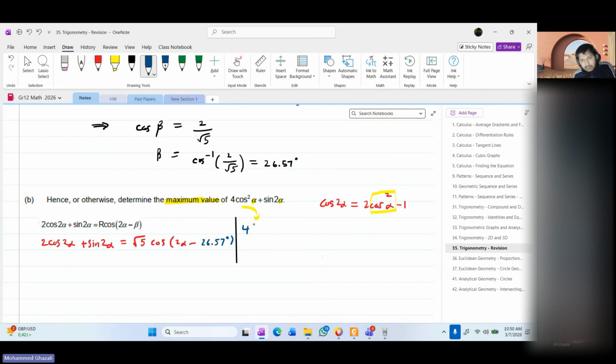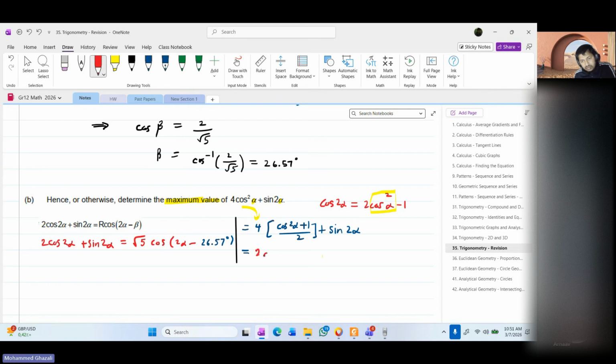So 4 cos squared alpha is basically equivalent to 4 times cos 2 alpha add 1, divided by 2, plus sine 2 alpha. So I converted it into something like this. Now 4 divided by 2 is 2.